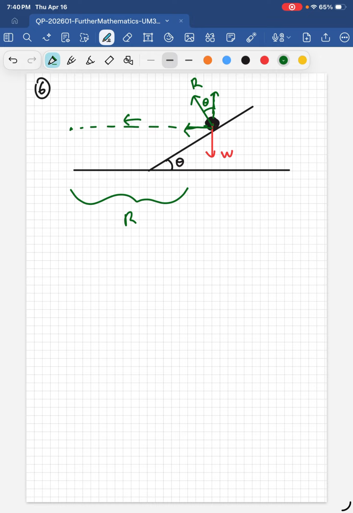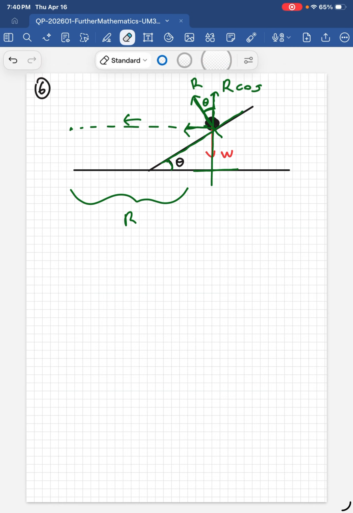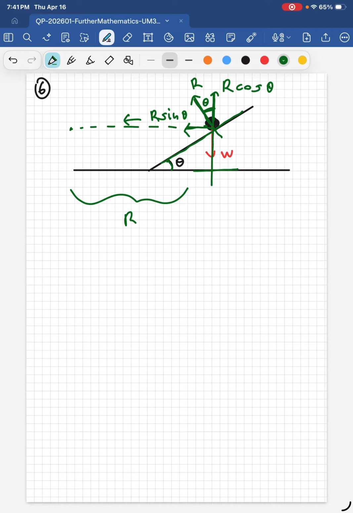Because this side is perpendicular to this side, and then this side is perpendicular to this side. Therefore, the inscribed angles, in this case theta and theta, are equal. So this component is R cosine theta. And in other videos, I always say that if a component touches physically the angle theta, that's the angle, and it touches that component that I'm drawing down there, that component is R cosine theta, and this component is R sine theta.